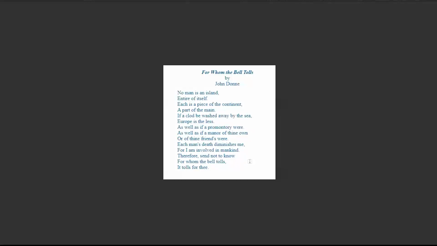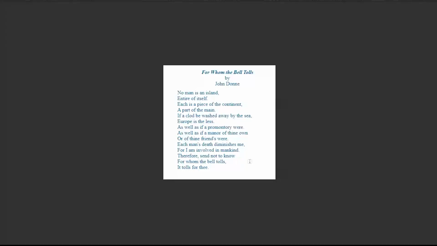Don't ask who the bell's tolling for. It's tolling for you. We're all part of the same, we're all mankind. One man's death diminishes me. Don't forget this was written way before even this story was written. And they used to use man in the universal sense. Can we agree that it's okay to use that? All men are created equal.